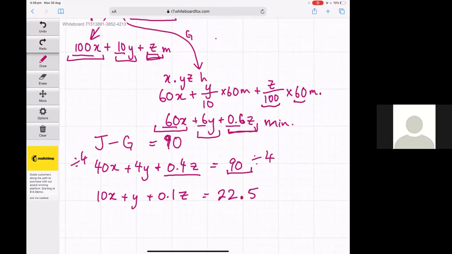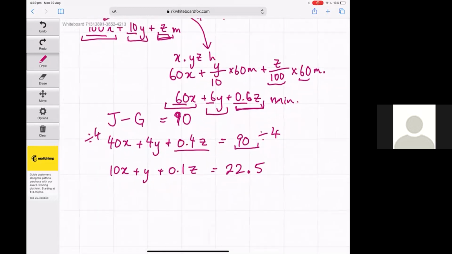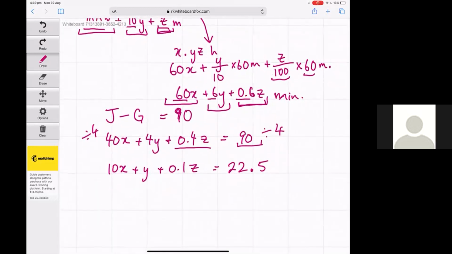Okay, and now I've got it in a form that makes it kind of obvious what a solution could be. Writing it in this way, it's clear that I could make Z equal to 5 in order to get the 0.5 on the end, and that I could make X equal to 2 and Y equal to 2.